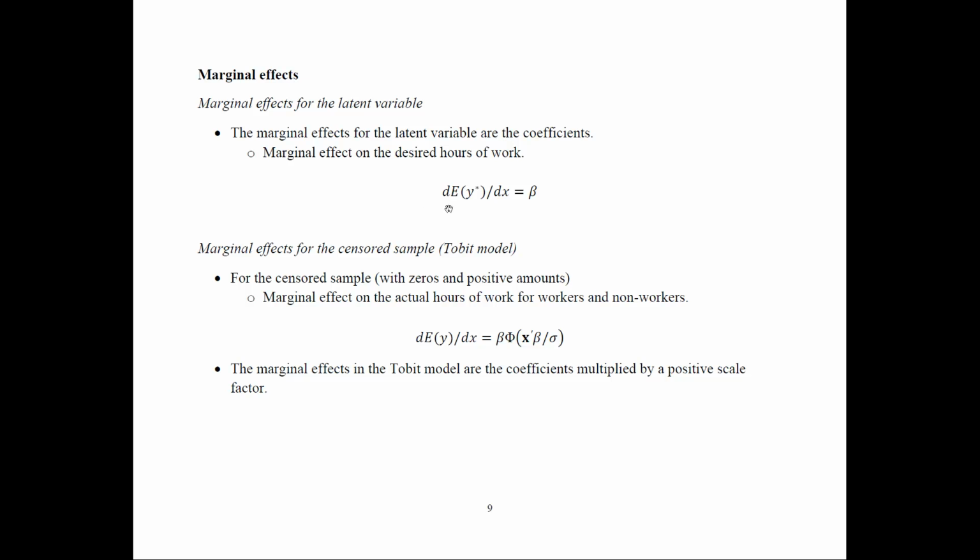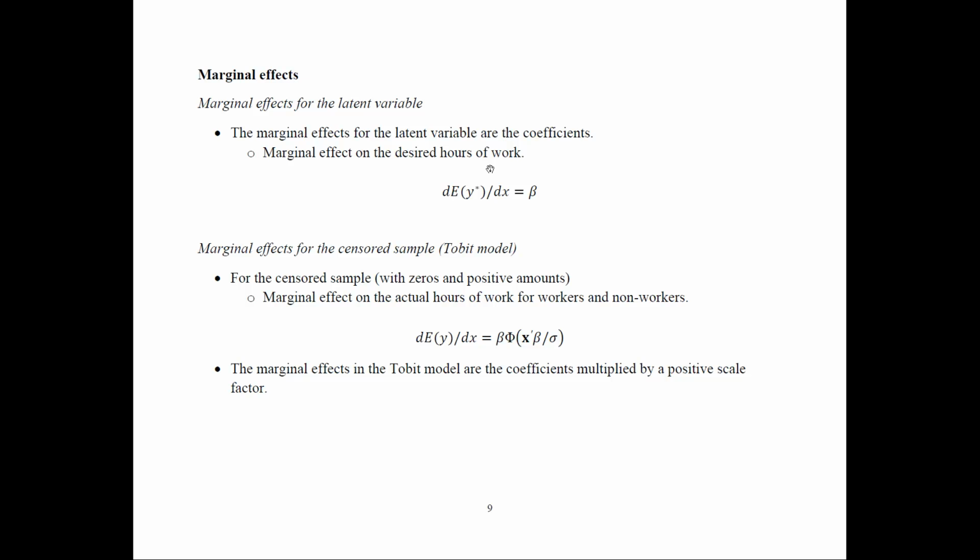So if you have the derivative of the expected value of y star with respect to x, that would be beta, because we had the model y star equals x times beta, and then if you take the derivative, that's what you get. So these would be the beta coefficients. This is the marginal effect on the desired hours of work, or the latent variable here.